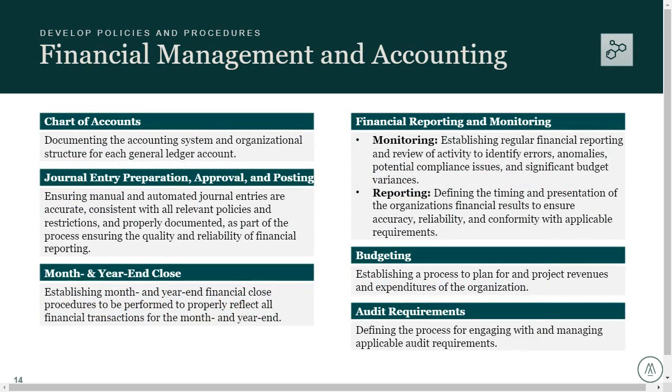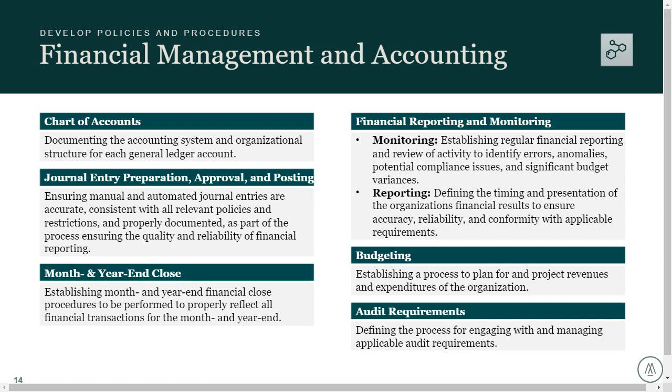We're going to start with the basis of a good system, which is that financial management and accounting. So making sure that you have a system in place that says, I know how I'm going to get funds in, I know how I'm going to track the funds that I've received, and I have a way to track and monitor the expenses that I'm incurring or the contracts that I'm executing and funds going out the door.